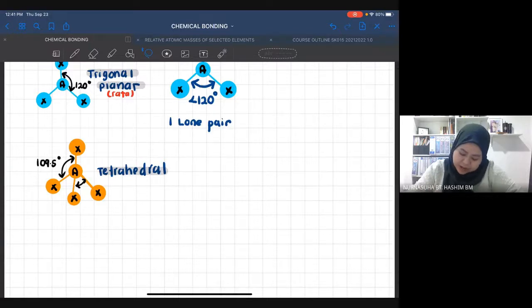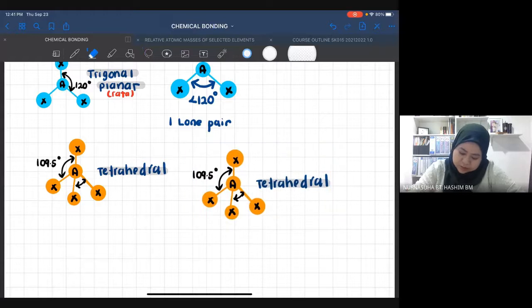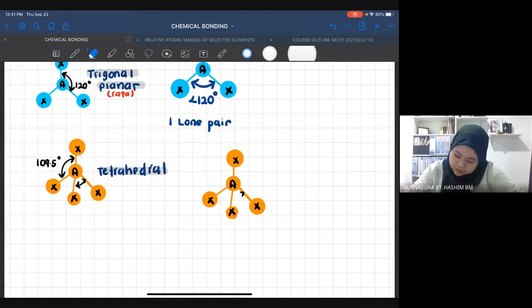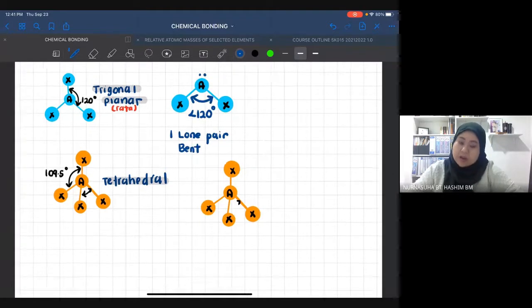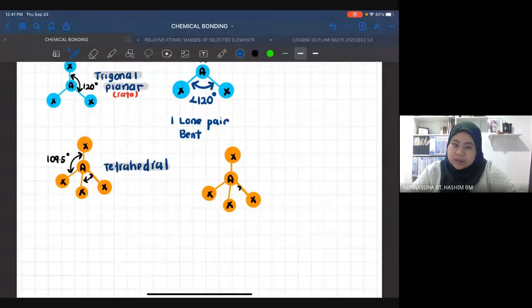So let's say I have... Sekejap ni kena padam sikit. Okay, sorry, bentuk yang tadi, kalau satu lone pair, bentuk dia adalah bent. Okay, so tengok balik Tetrahedral.